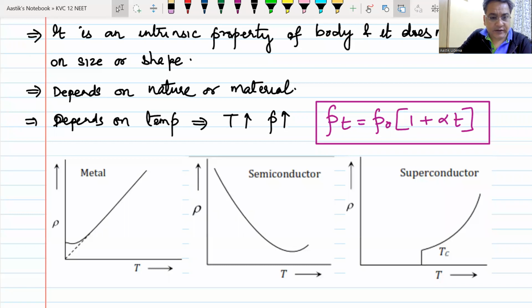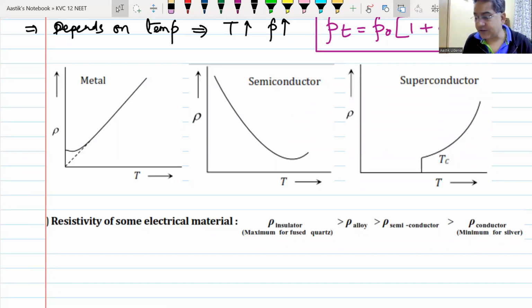Again, I will give you the order of resistivity of different types of electrical material.